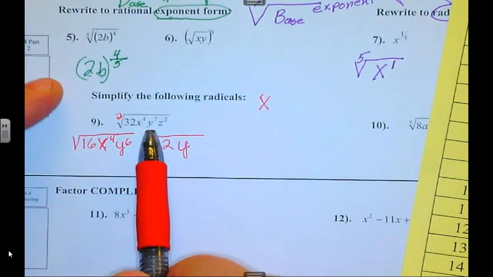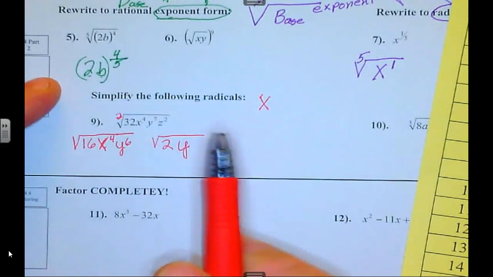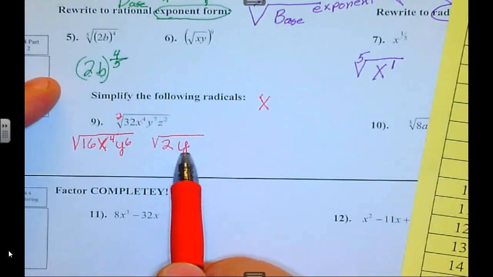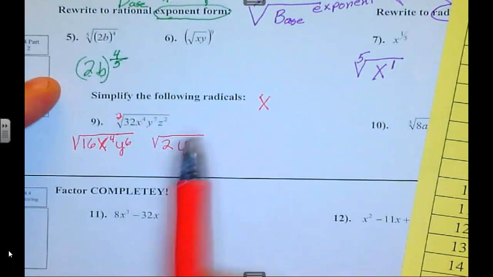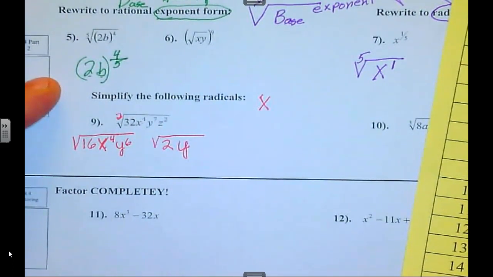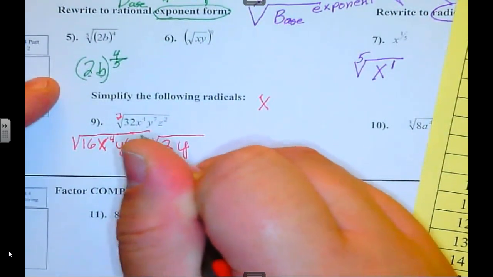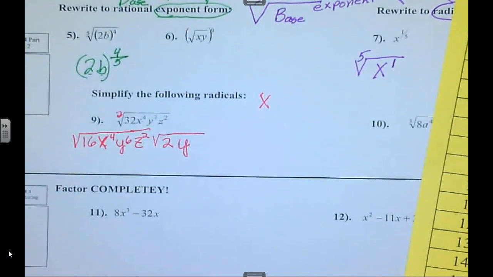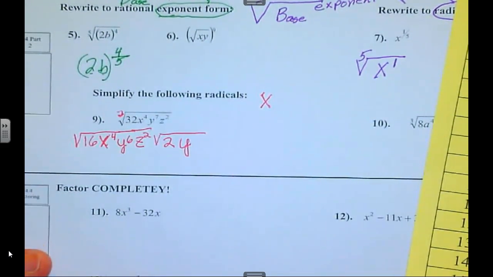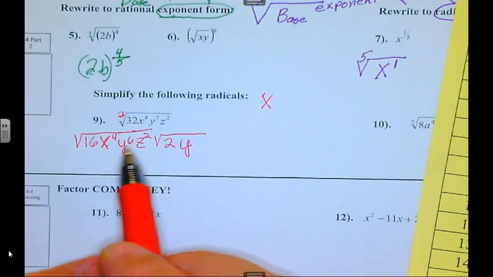There's 7 y's, so I took 6 of them, and then I put the extra one over here that's imperfect. And I'm going to take both z's.